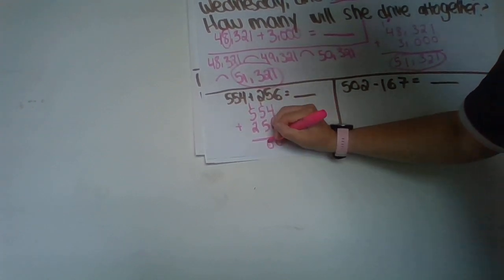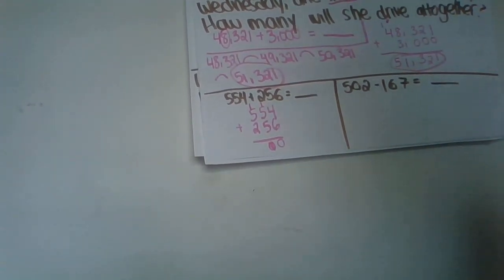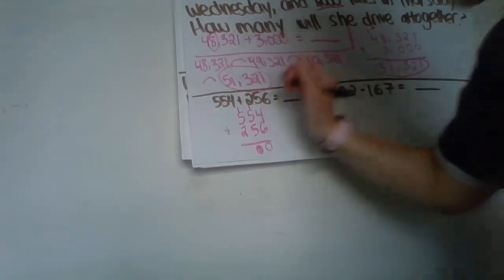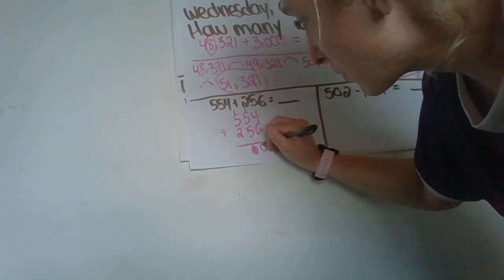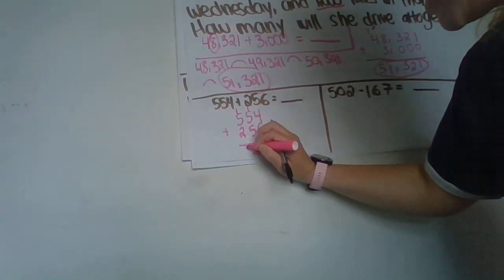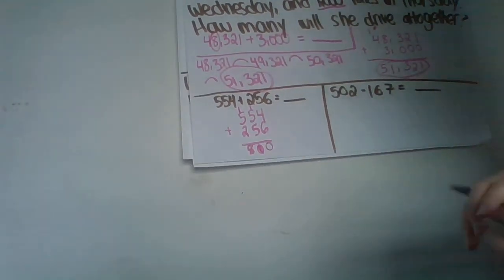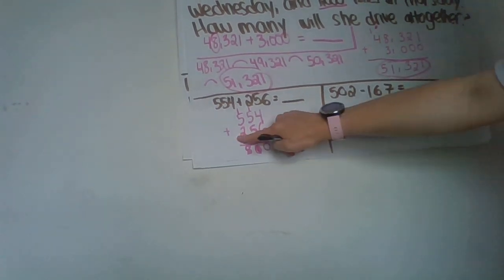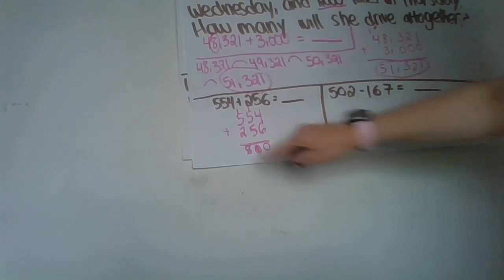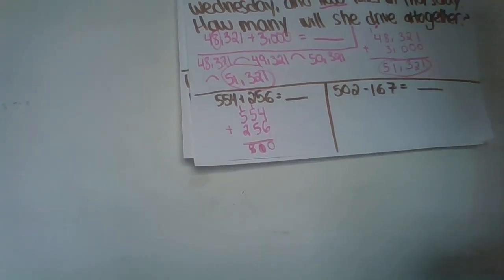Sorry, Miss Ashton. Let's fix that. And then 5 plus 1 is 6, plus 2 more is 8. So my answer is 810. Started with the ones, and the tens, and did the hundreds. When I couldn't fit everything in one category, I regrouped.